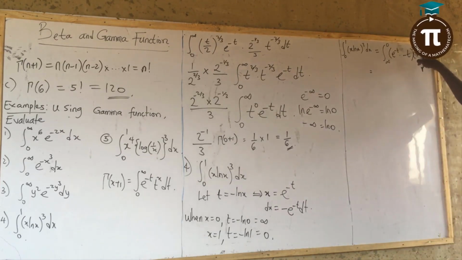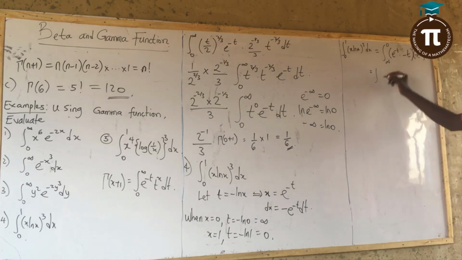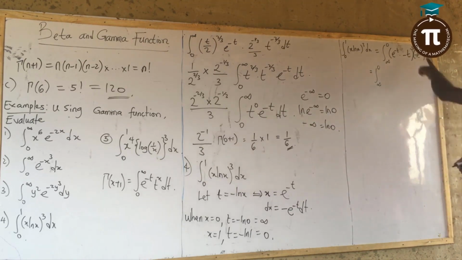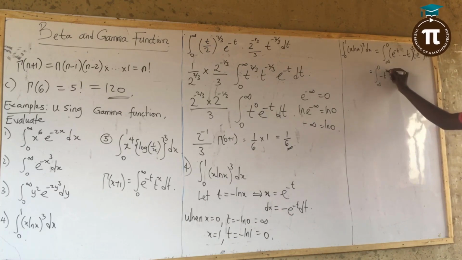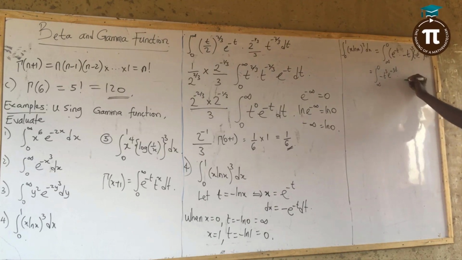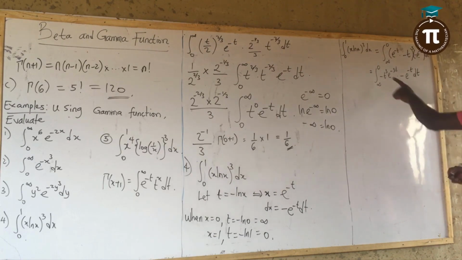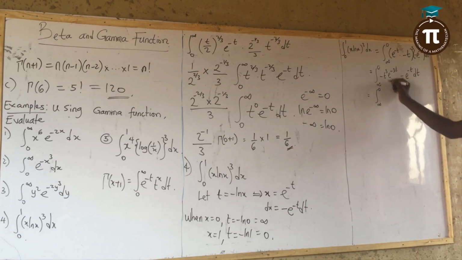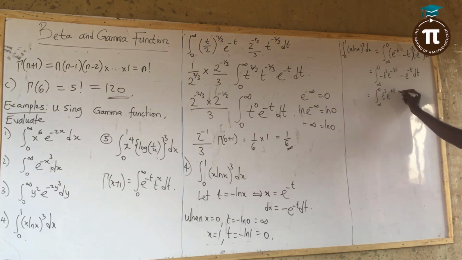So at the end of the day, I will have the integral from 0 to infinity of, if I open this bracket, minus t raised to power 3 e raised to power minus 3t multiplied by another minus e raised to power minus t dt. Minus times minus will give me plus, so I will have an integral from infinity to 0 of t raised to power 3 e raised to power minus 4t dt.